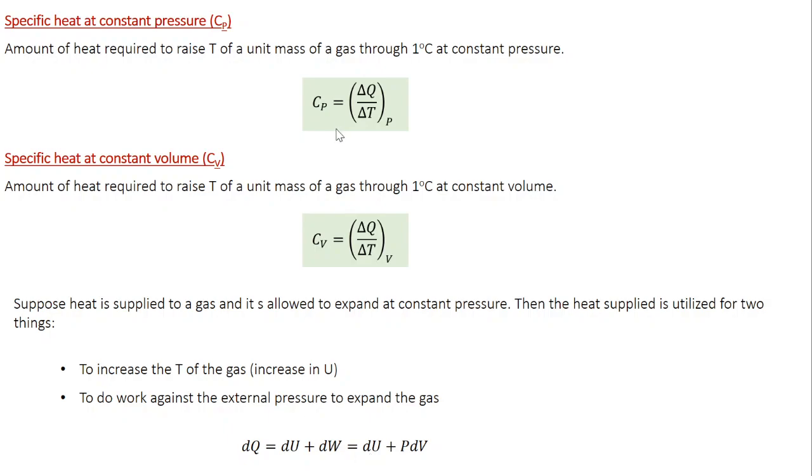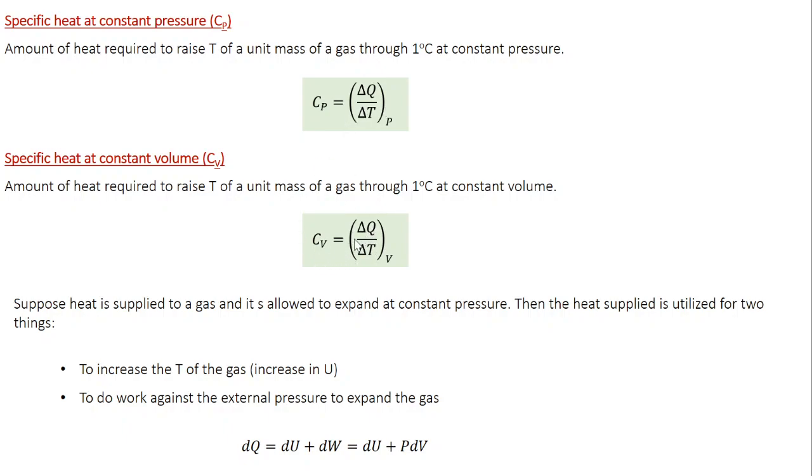So if you compare Cp and Cv, in the case of Cv, the entire heat energy supplied is utilized in increasing the temperature, whereas in the case of Cp, only a part of the heat energy is used to increase the temperature, which means to have a change of 1 degree Celsius, you need much less heat in the case of Cv than Cp.